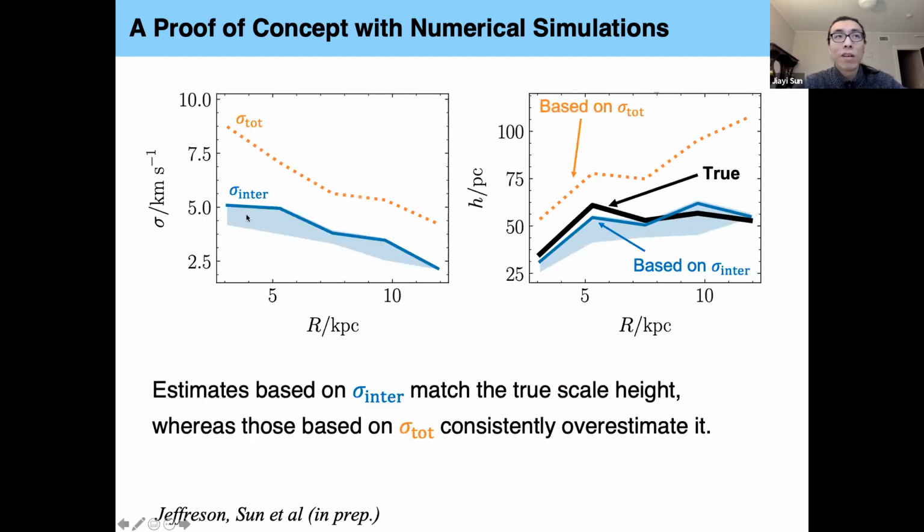Now the plot on the left-hand side is basically the radial profile of the measured velocity dispersion in the simulations. This top line gives you the total molecular gas velocity dispersion, which is the combination of the intercloud velocity dispersion plus the intracloud velocity dispersion.